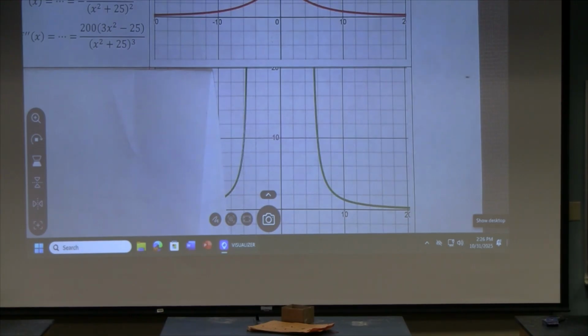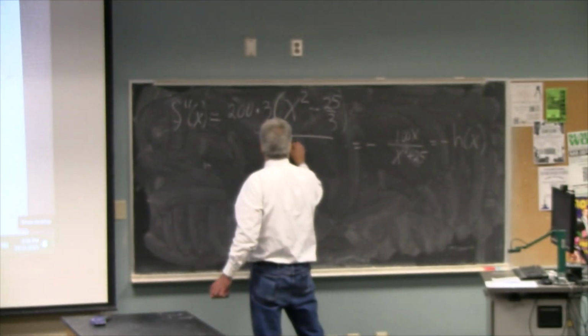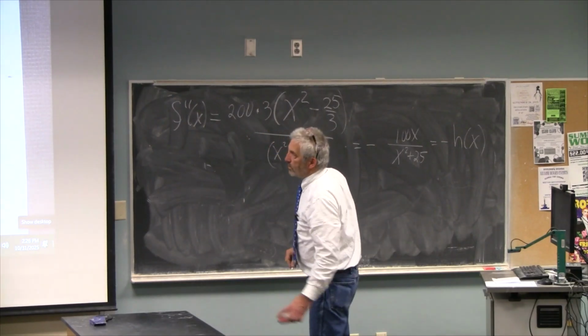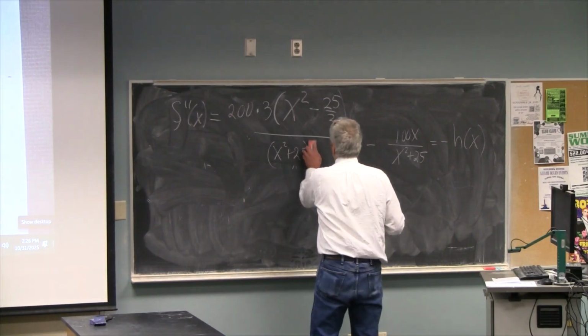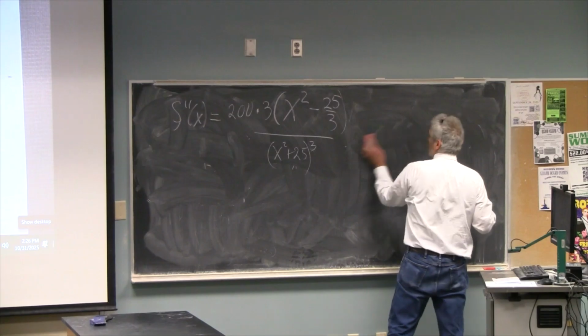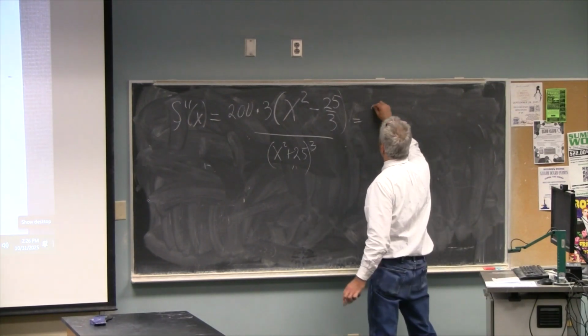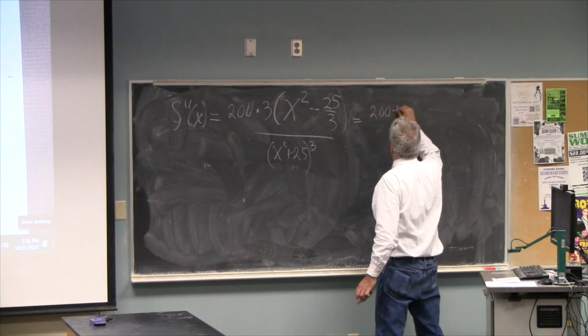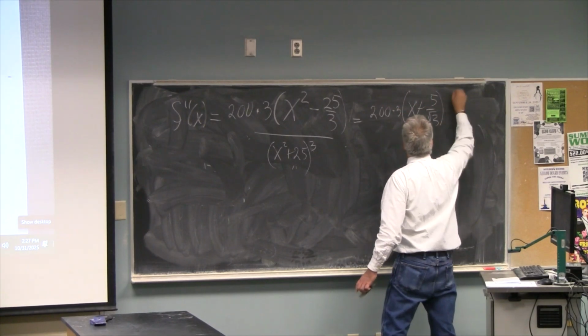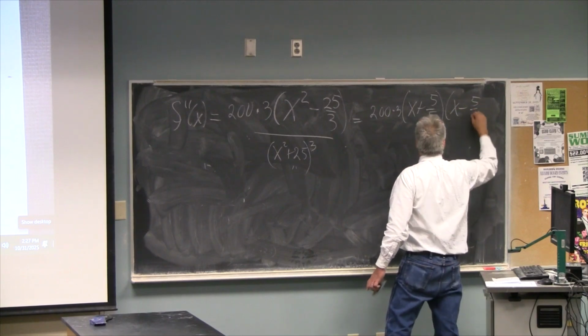When I pull out the 3, I just have an x squared, but then I have to divide the 25 by 3. I'm not going to call on you Gwen because it's not 5 and -5, but this factors as x plus 5 over square root of 3 and x minus 5 over square root of 3.